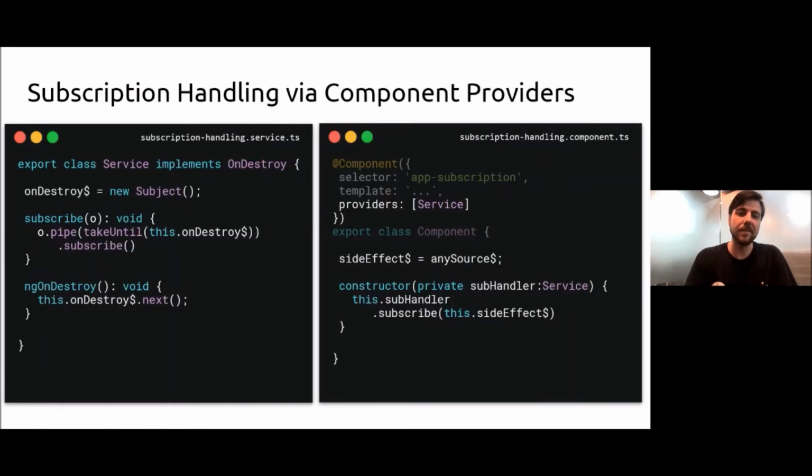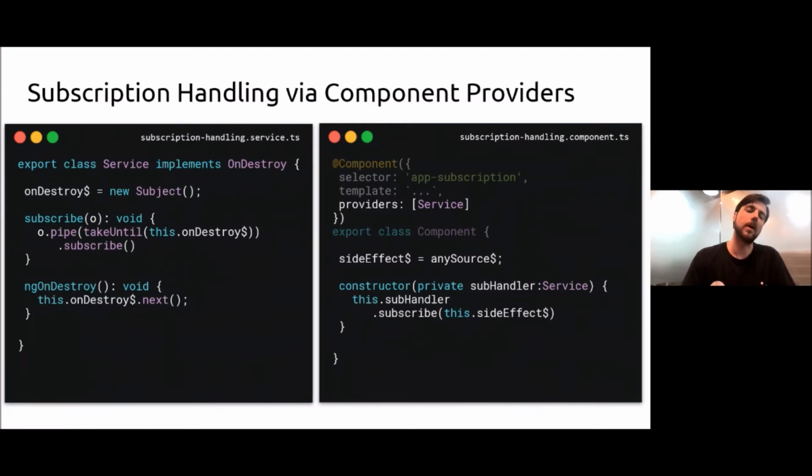On the left side here, I have a common pattern. I have a subject in this part here. I subscribe to my subject, and when the component gets destroyed, I next this value, and then the takeUntil operator is doing its magic and unsubscribes from this subscription here.